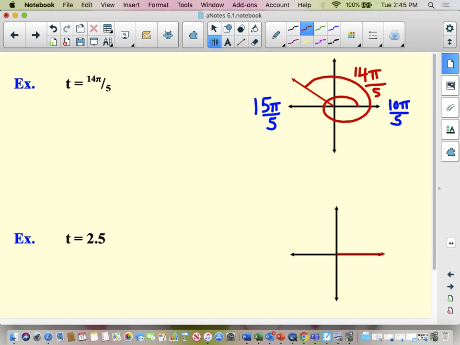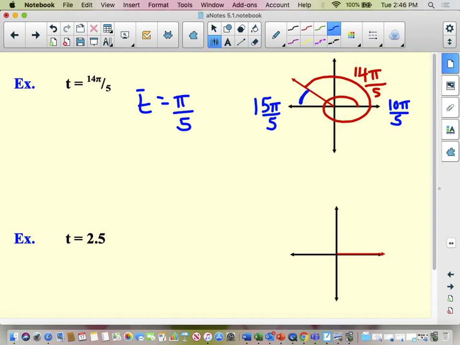That red angle shows the path of that. So what is it referencing? From my terminal side to the x-axis, that's this sliver. If my red angle is 14/5, how many more to get to the x-axis, to get to 15/5? Well, 15/5 minus 14/5 is 1/5. So that reference angle is pi over 5.